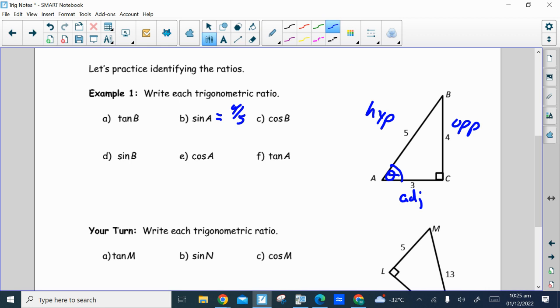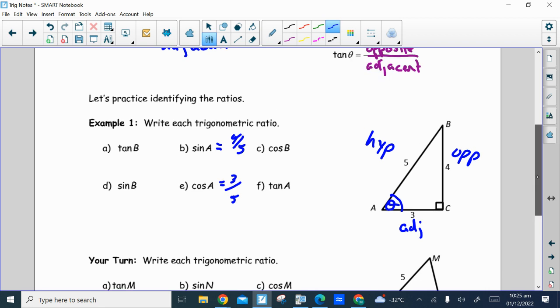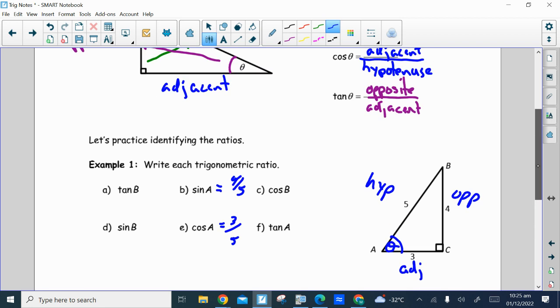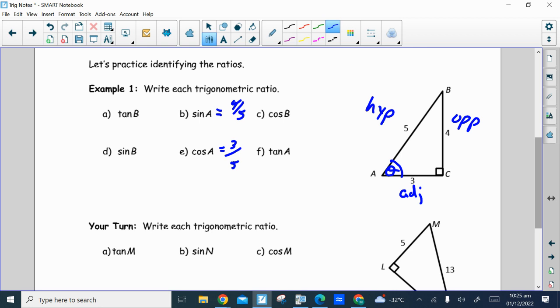And from angle A, the adjacent is 3 divided by the hypotenuse, which is 5. And then the tangent of angle A, if we look above, tangent is opposite over adjacent. So from angle A, the opposite is 4, the adjacent is 3. So there's our three ratios from angle A.